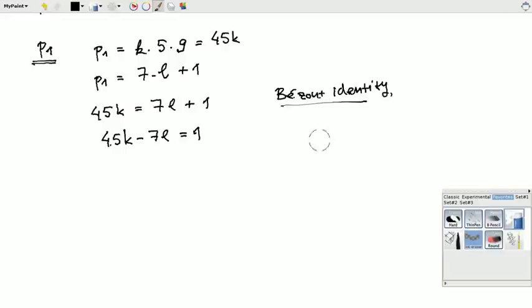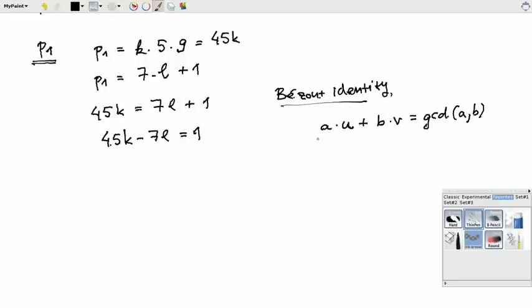It says that for any two whole numbers a and b, there exist some numbers u and v such that a times u plus b times v is equal to the greatest common divisor of a and b.